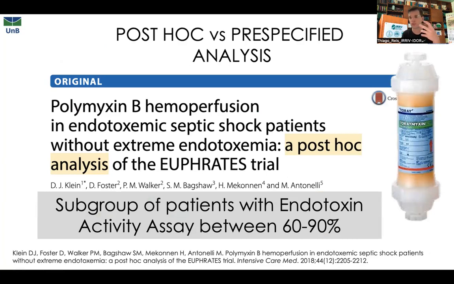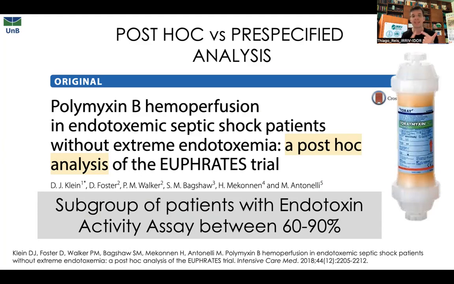So the intervention could not reject the null hypothesis. However, in a subgroup of patients who had endotoxin activity between 0.6 and 0.9, in those patients, the intervention was positive. First, this is a subgroup analysis, so it's not confirmatory, it's exploratory.